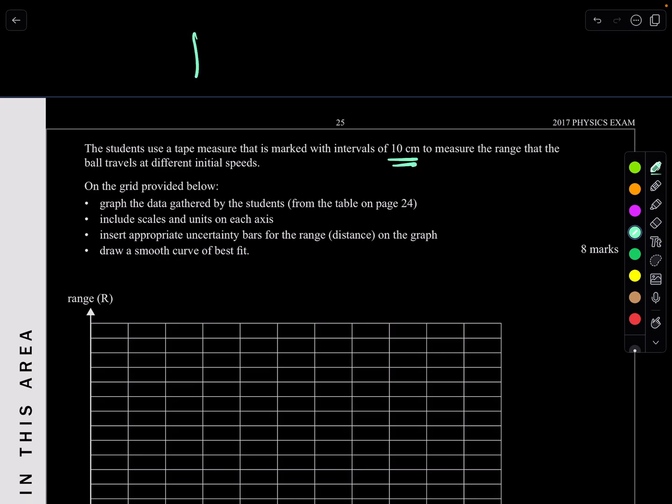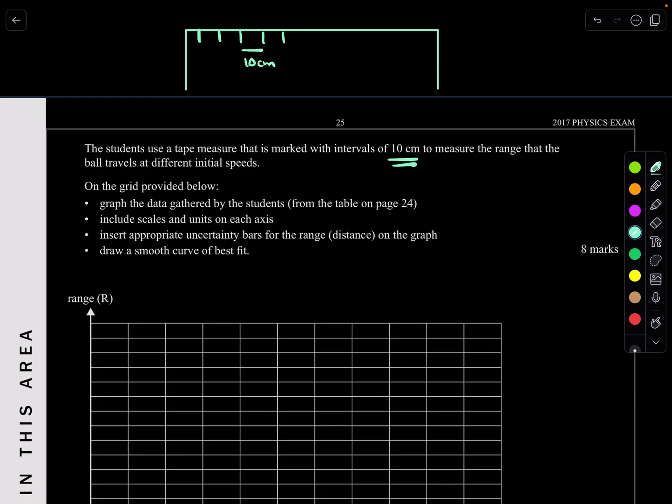So imagine you have a ruler. We're going to probably find the uncertainty in this part. Nice basic ruler, and we have intervals. It's not the nicest intervals I've drawn, but imagine the intervals are spaced 10 centimeters.